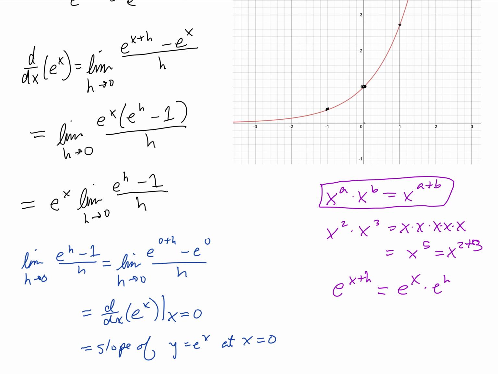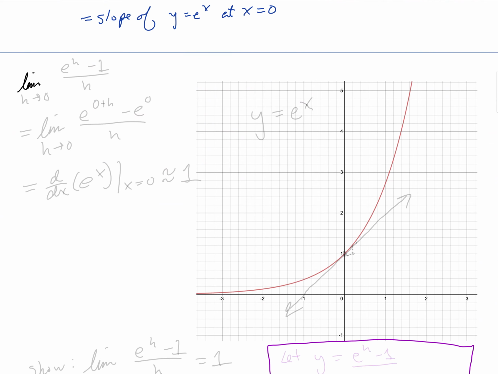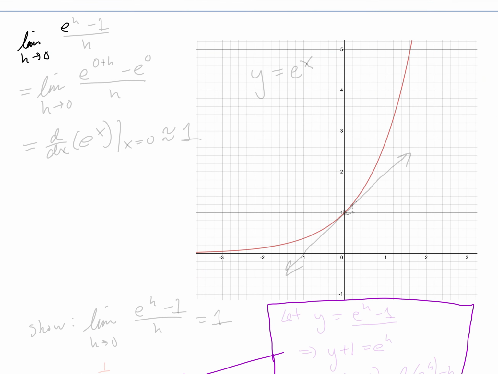So let's think about whether we can estimate that to start. Okay, so we're looking at the limit as h goes to 0 of e to the h minus 1 all over h, which we said was equal to the limit as h goes to 0 of e to the 0 plus h minus e to the 0, all divided by h. And we further said that that was equal to the derivative with respect to x of e to the x evaluated at x equals 0.